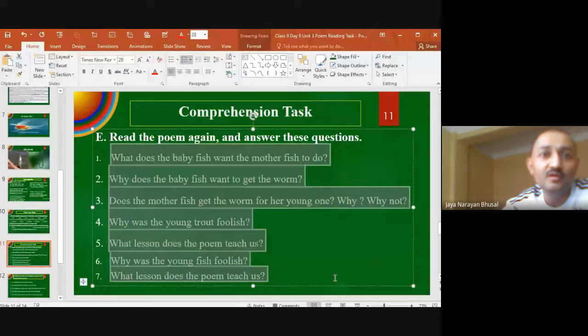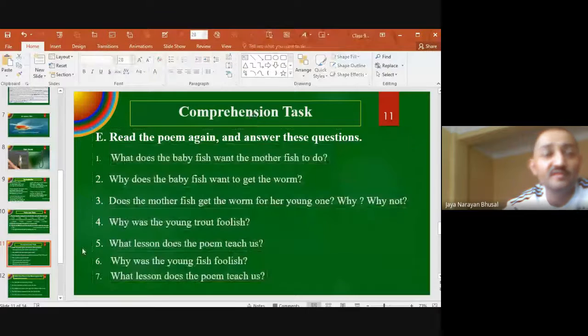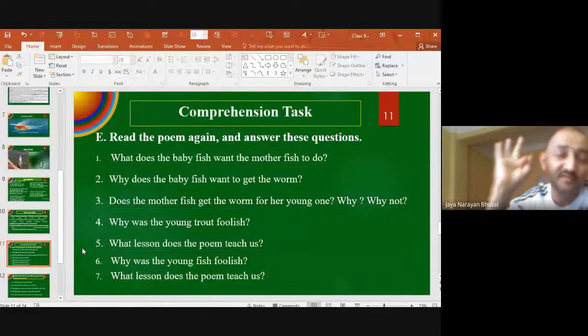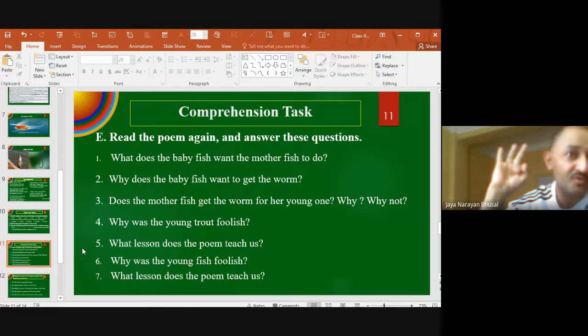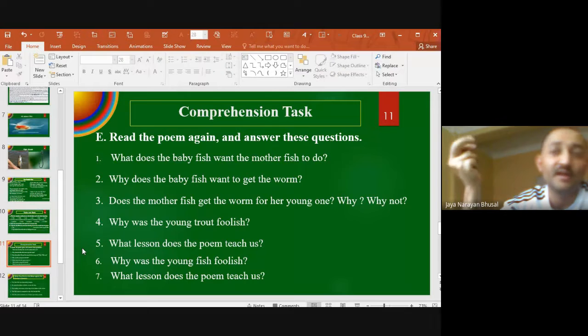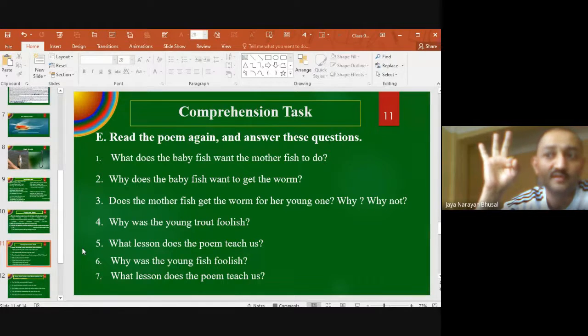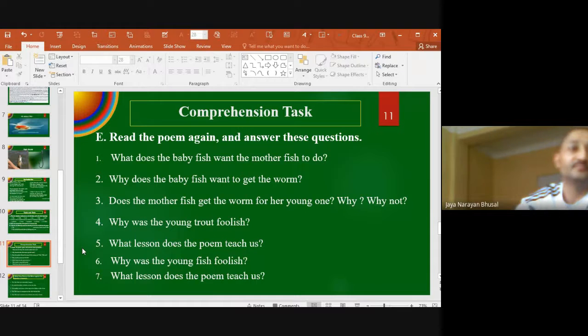You copy these questions now in 5 minutes. Copy leaving 3 lines each so that you can write answers, so that you don't have to rewrite it again. Start now. Then our class gets over and we'll see each other again the other day.